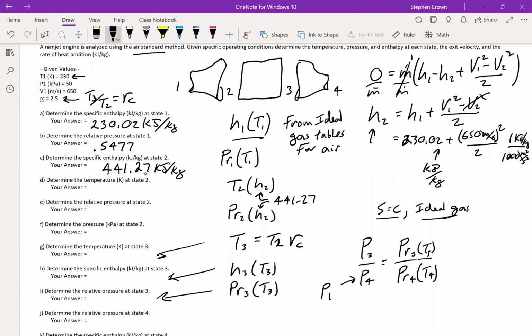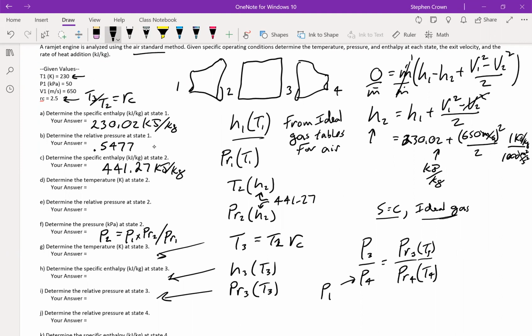And we found the pressure, well, the pressure at 3 is the same as the pressure at 2. So I guess we found the pressure at 2 from the relative pressure. So P2 equals P1 times PR2 over PR1.